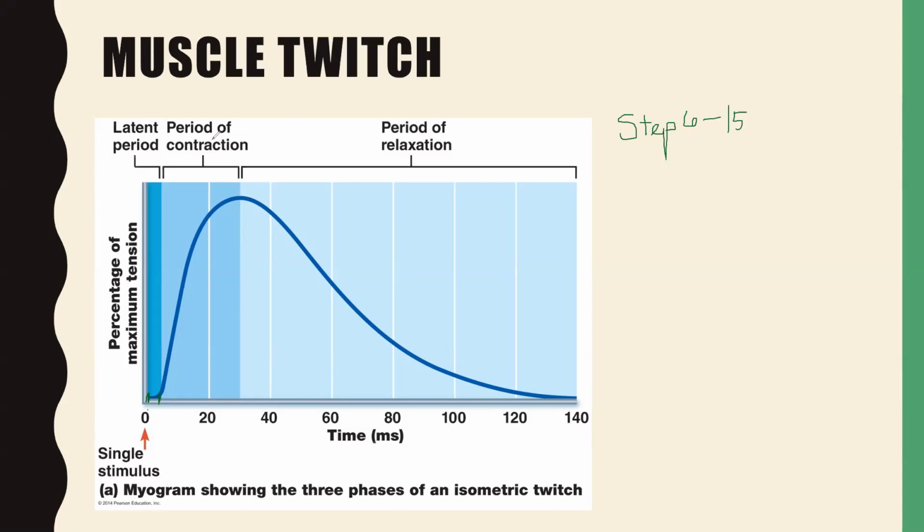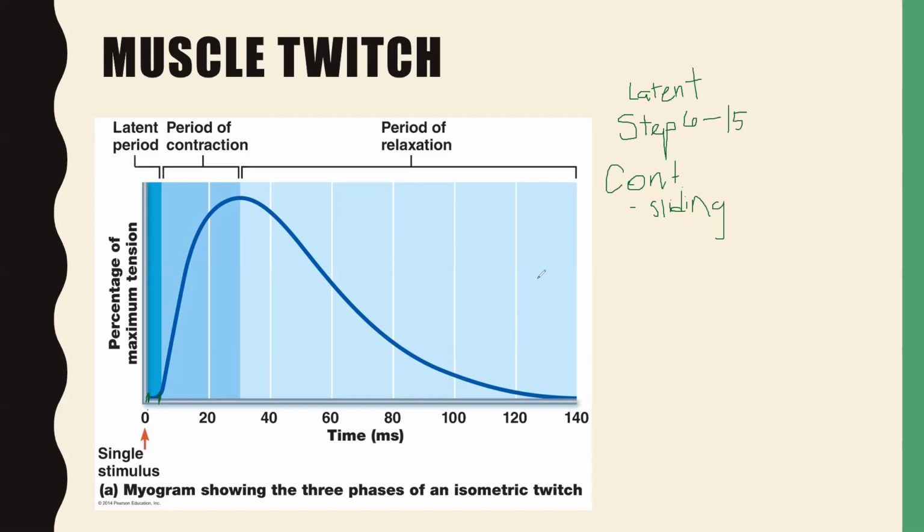And so that's what's going on in the latent period: steps 6 through 15. Okay, the period of contraction is sliding filaments, where the filaments are actually sliding.